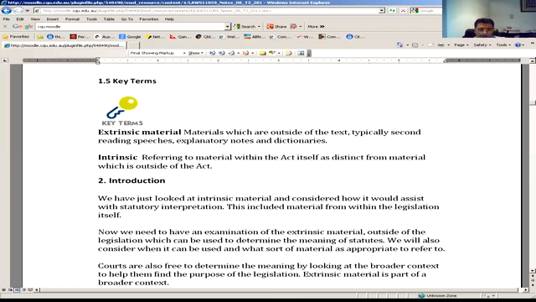Intrinsic is obviously what we've looked at in the past, that is things within the Act: the objects clause, the purpose of the Act as defined within the Act, definitions within the Act, the different parts or chapters, etc., in the Act and the relevant section itself.